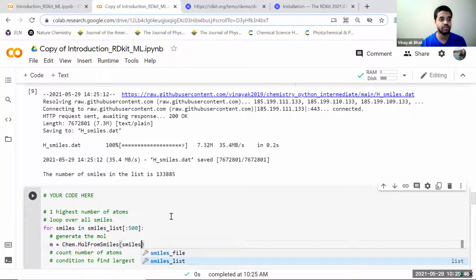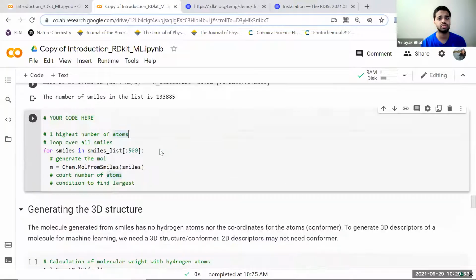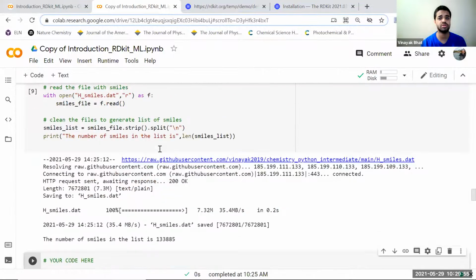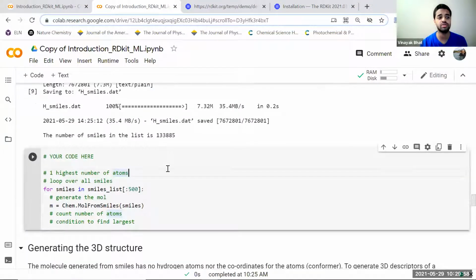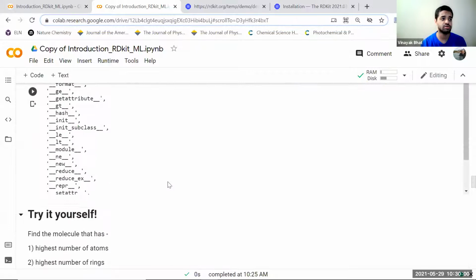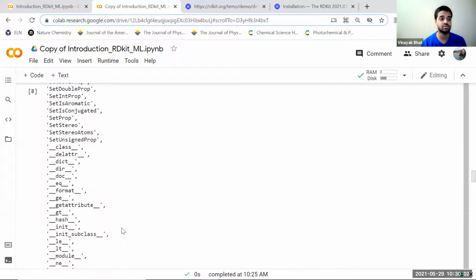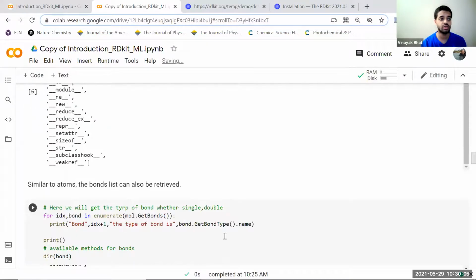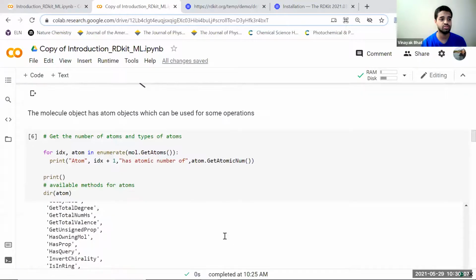The highest number of atoms is 9, I think. But I think you're looking at get atomic number, and that is 9, I think. Because we have carbon, nitrogen, oxygen, and fluorine, so you'll get atomic number 9.